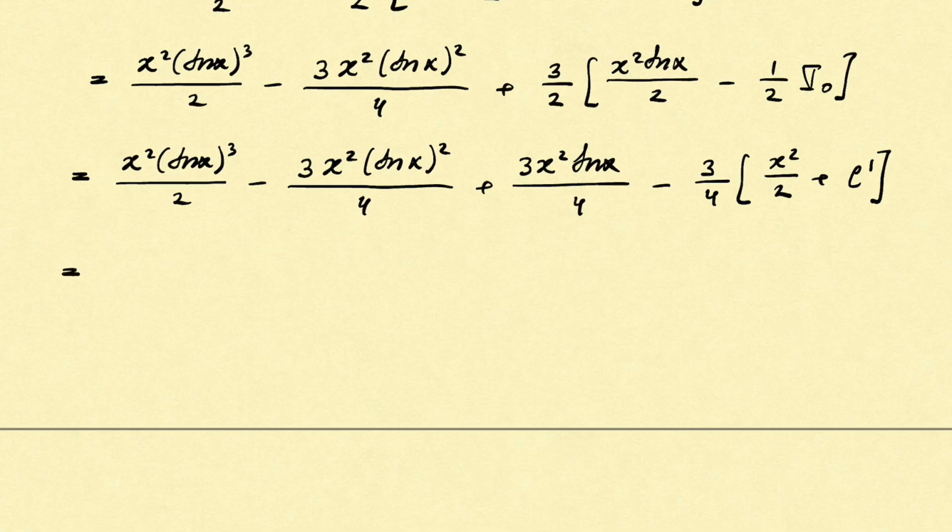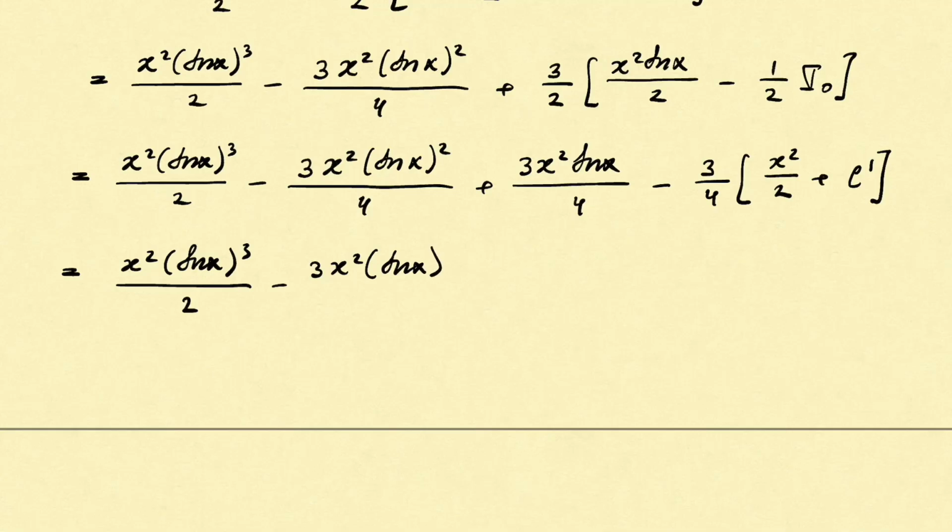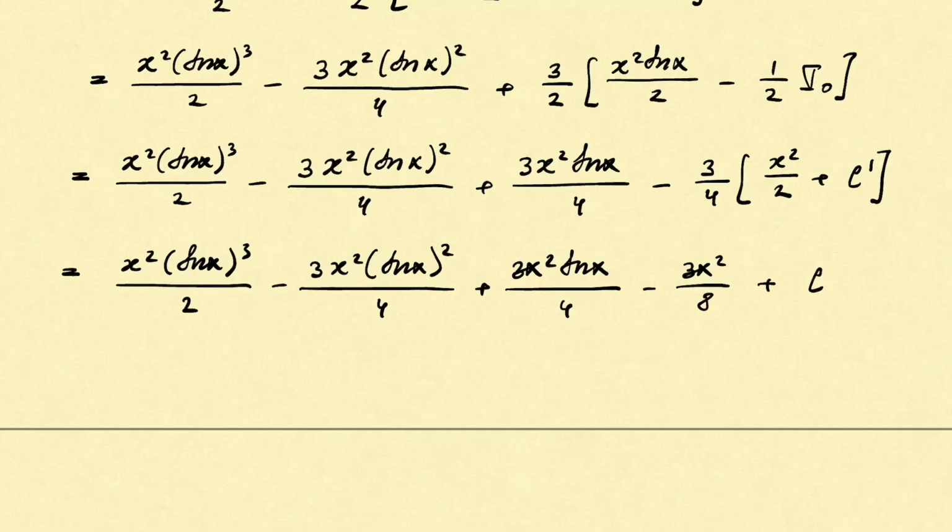And our final answer: x squared ln x cubed over 2 minus 3 times x squared ln x squared over 4 plus 3x squared ln x over 4 minus 3x squared over 8 plus some arbitrary constant c.